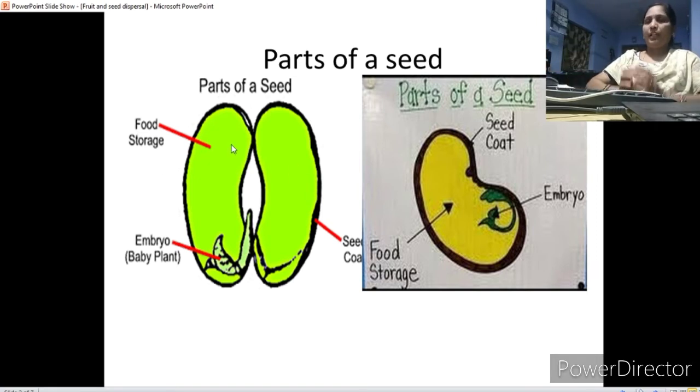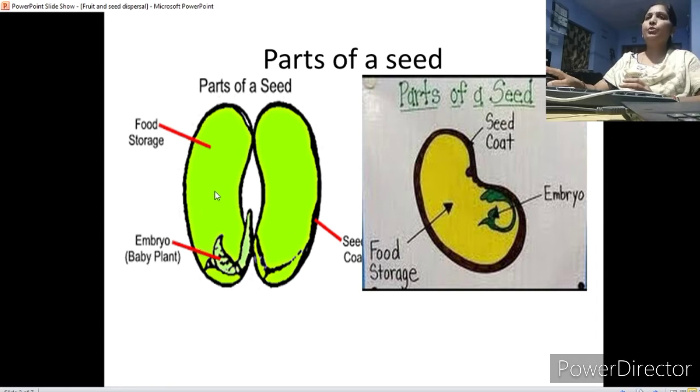Cotyledon means the stored food. In the seed, whatever stored food is there is known as cotyledon. So in groundnut, the white parts are known as cotyledons. How many cotyledons are there in groundnut? Two cotyledons, right?